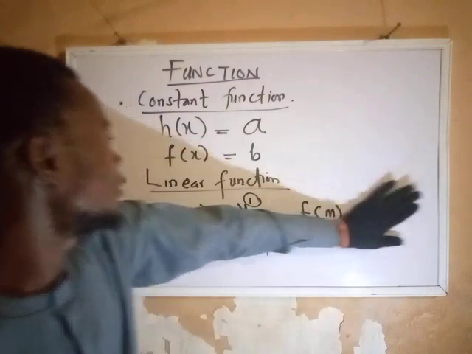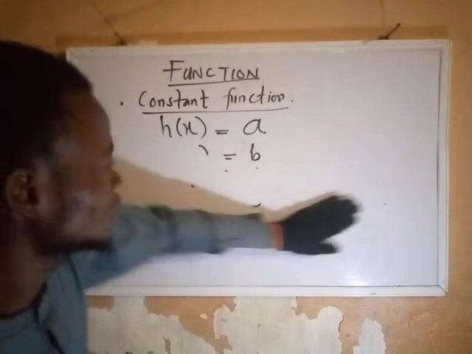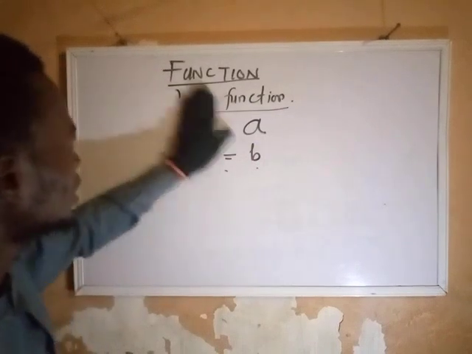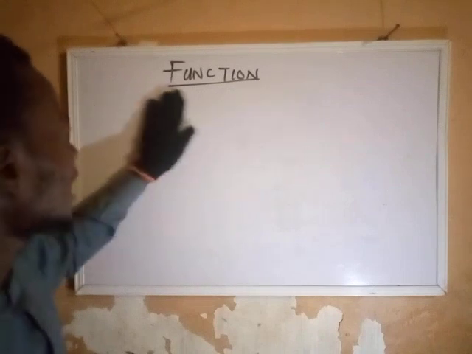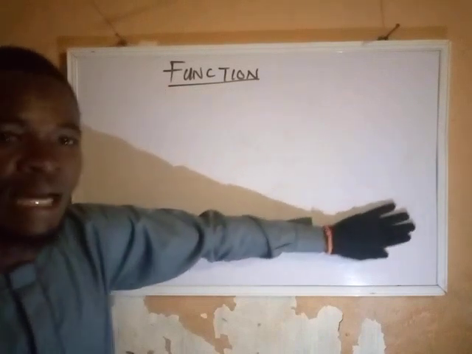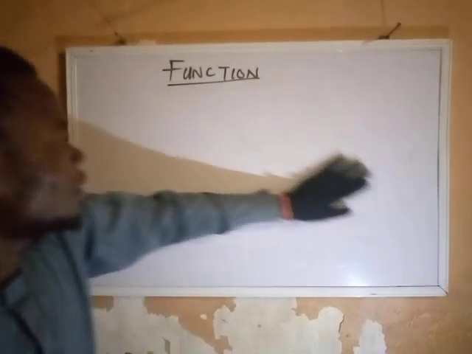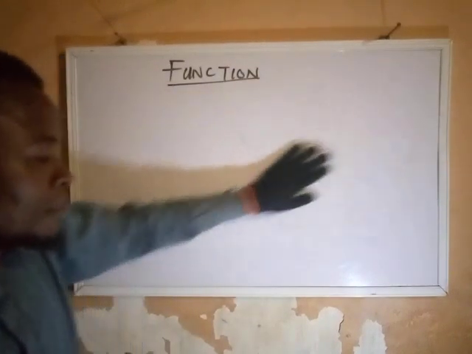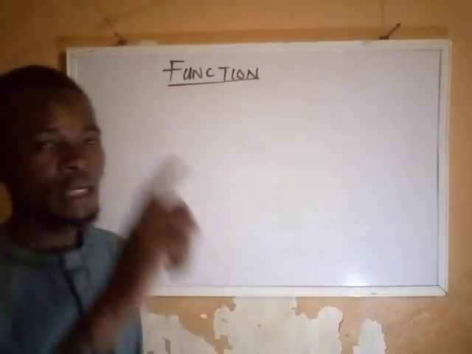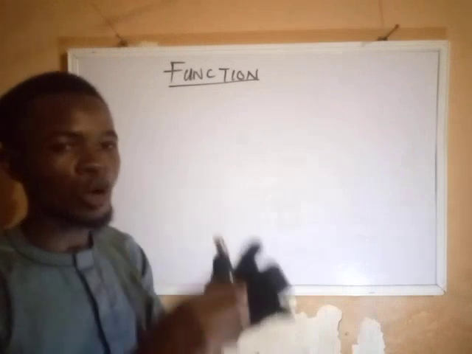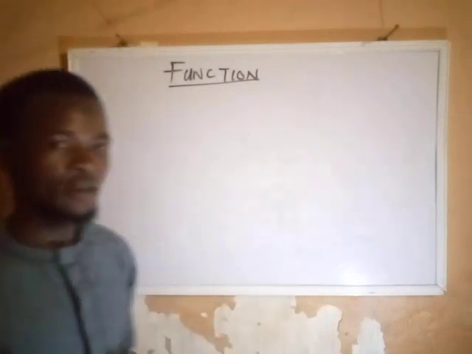The next function we are going to consider is the quadratic function. What do you mean by quadratic function? It's a type of function in which the highest power is exactly 2. Either the given function is a binomial or a trinomial. As far as we have a particular alphabet here that takes on 2 as a power, we call it a quadratic function.